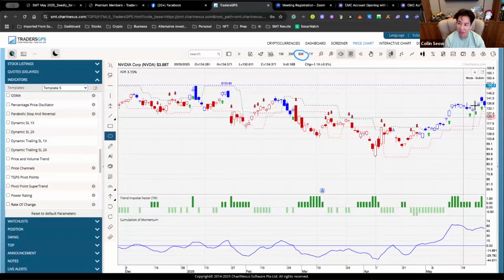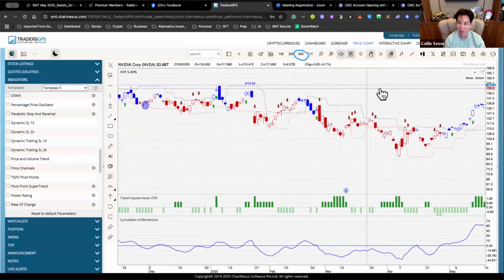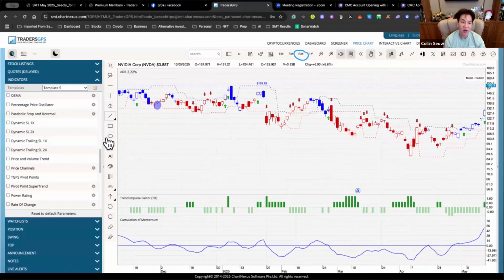Looking backward 6 months, this price is not the highest in the last 6 months. So this stock cannot be traded.